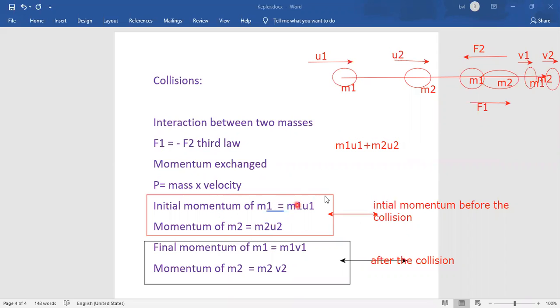We are adding these two values, and this must be equal to the final momentum of the first object, m1 v1, added to the final momentum of the second object. So this is conservation of momentum.